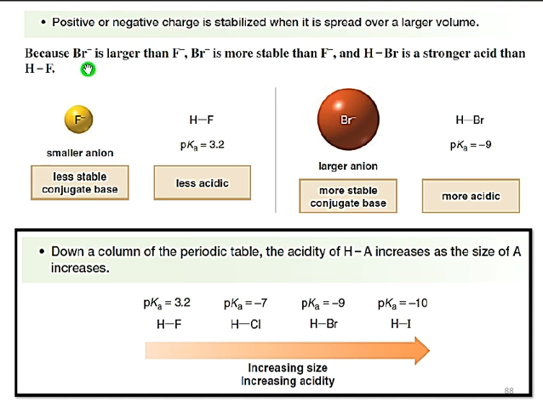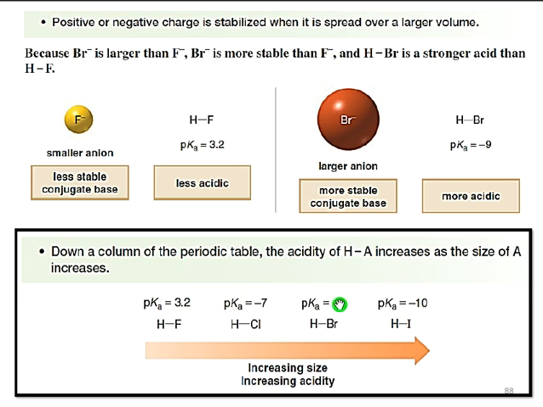A charge is stabilized when it is spread over a large volume. Look at fluorine, small, and bromine, big. That means it is a larger anion, and here a small anion. For this reason, HBr is a stronger acid than HF.